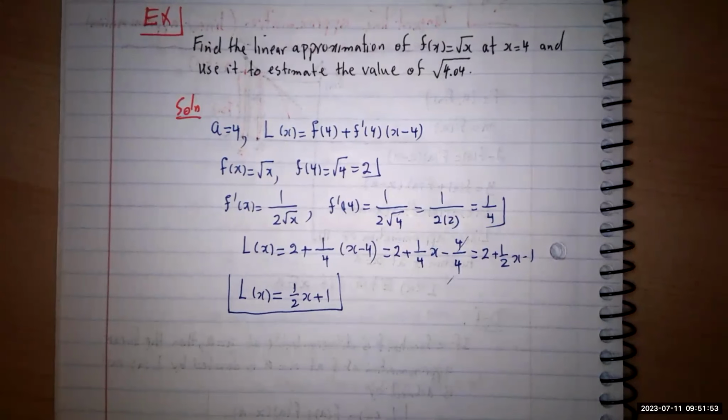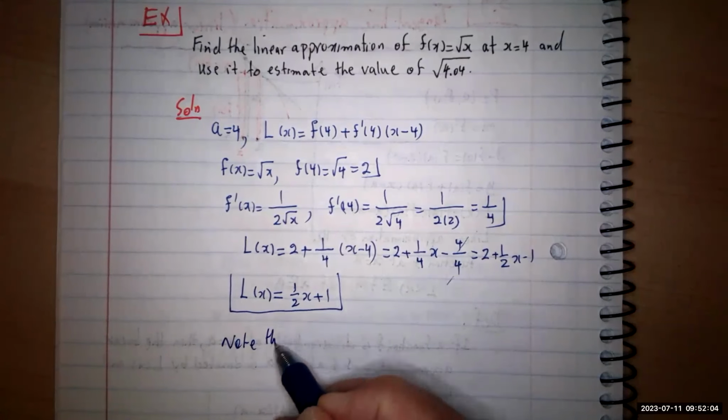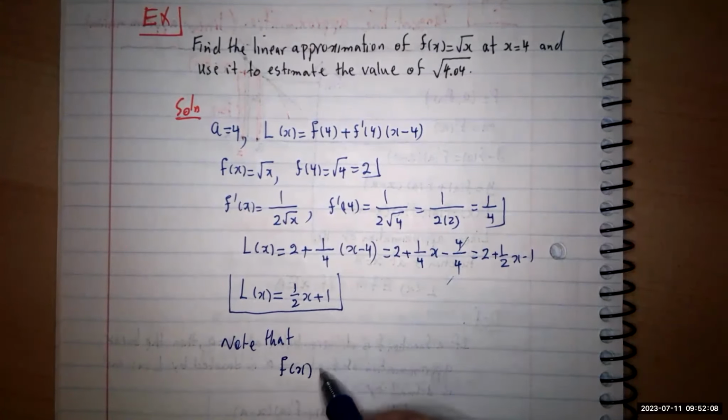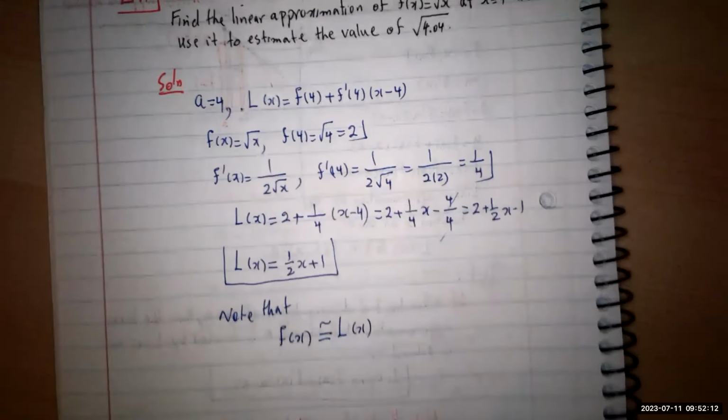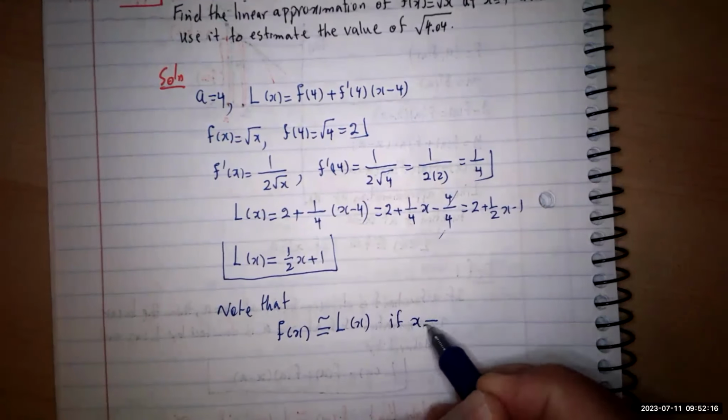Question? This is your calculator. Where or when are you going to use it? This is it. Note that you can estimate the value of the function f of x as the value of L of x, but only if the number is close to 4.